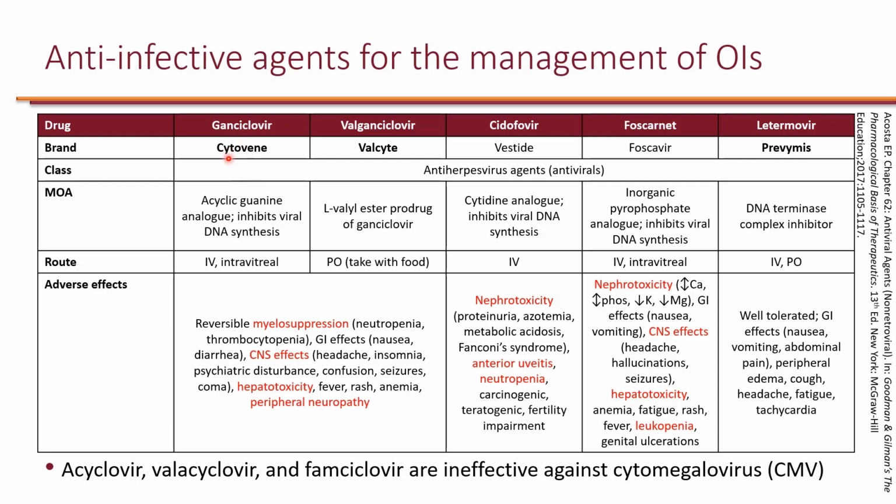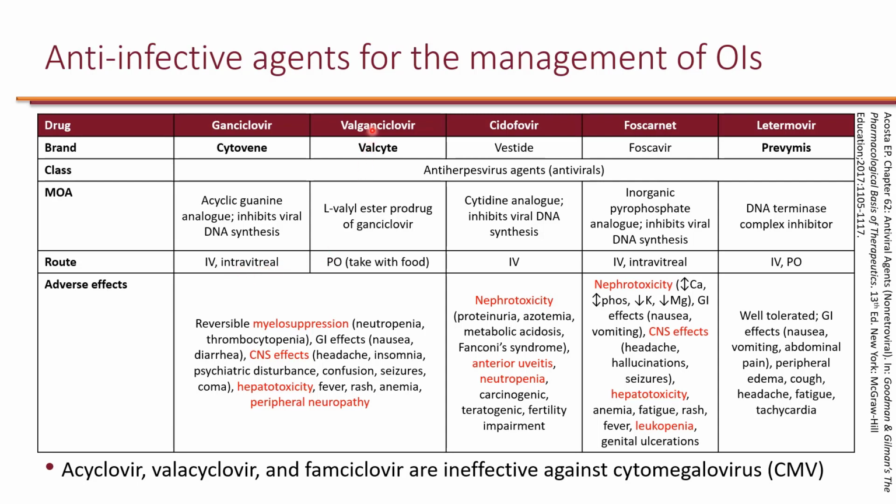And ganciclovir is basically a nucleotide analog, so it inhibits viral DNA synthesis. It has very poor oral bioavailability, so the oral formulation is no longer available in the US. It's primarily used as an intravenous injection. It can also be injected into the eye.